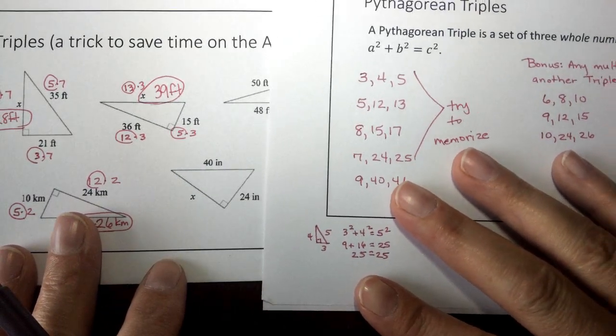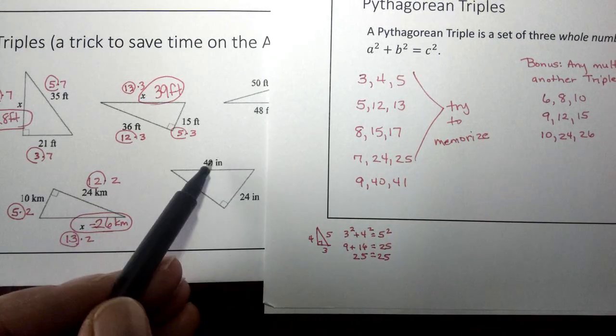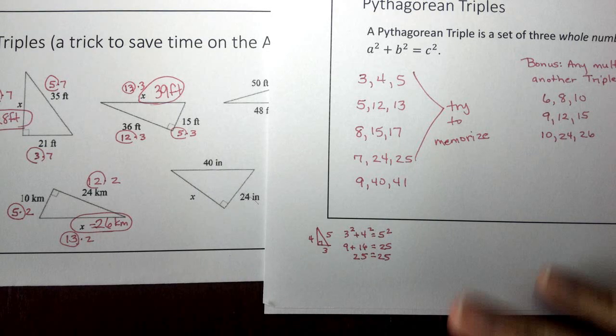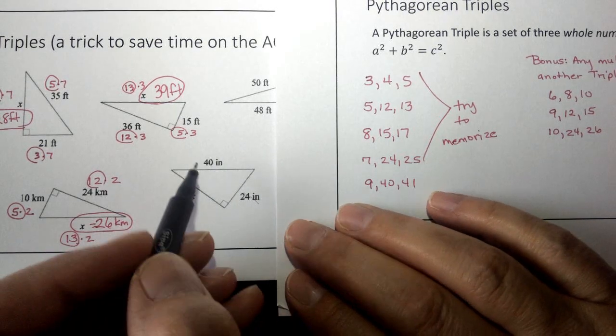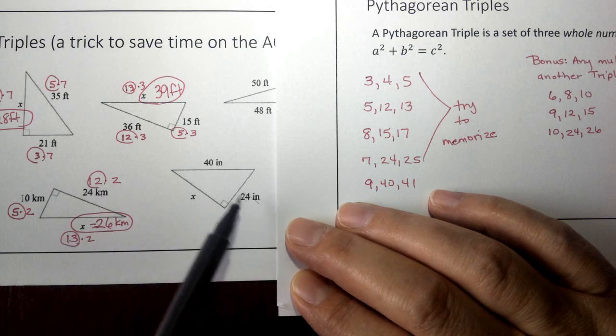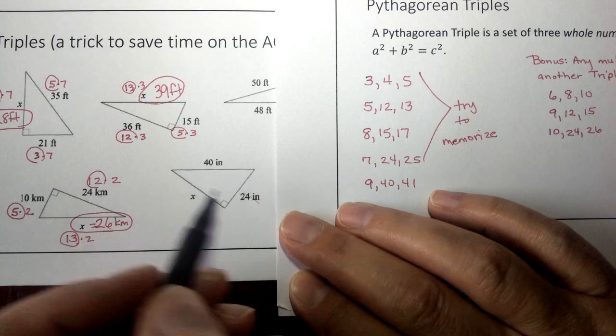Alright, next example. 24 and 40, not in my list of triples. Those are multiples. 24 and 40 will both divide by 2, by 4, by 8. 8 is the biggest common factor.